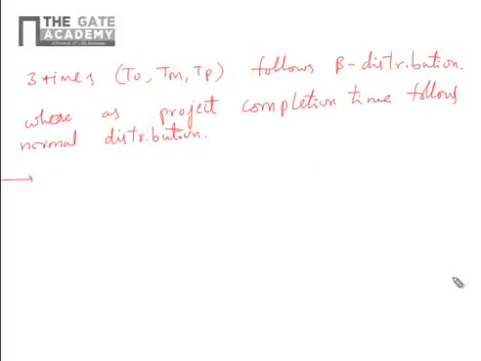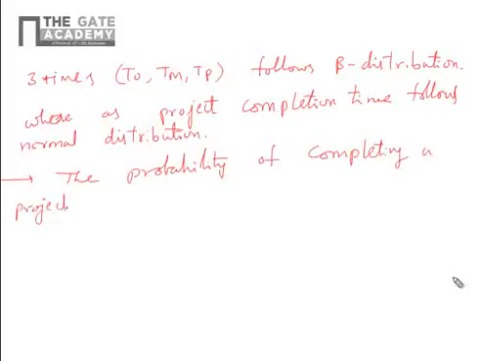The probability of completing a project is given by Z equals D minus T by sigma Cp.